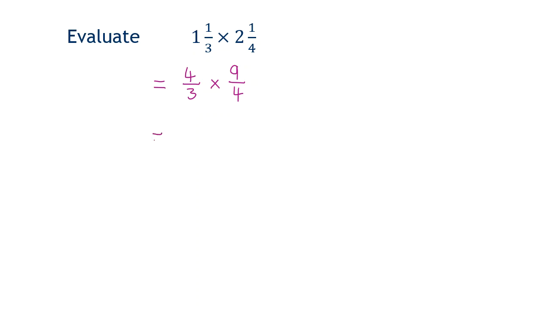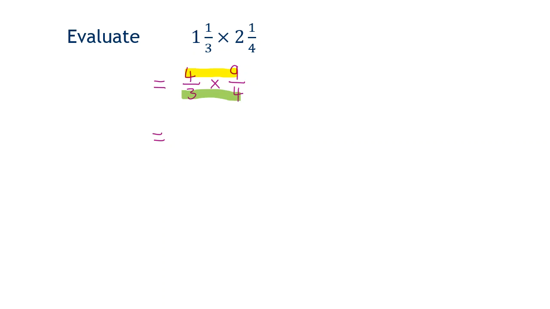Now multiplying with fractions is quite straightforward in the sense that we just want to multiply the numerators together and then we want to multiply the denominators together. Now I'll show you a little shortcut for this in just a moment, but let's deal with this first of all.